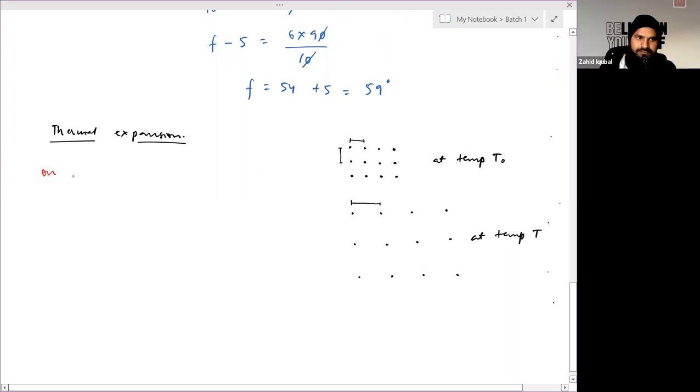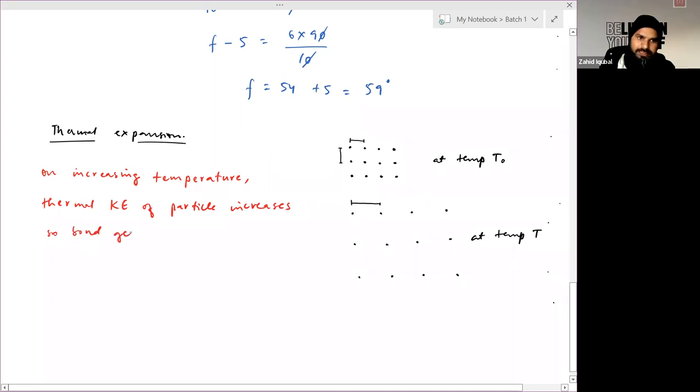So on increasing temperature, thermal kinetic energy of particle increases.